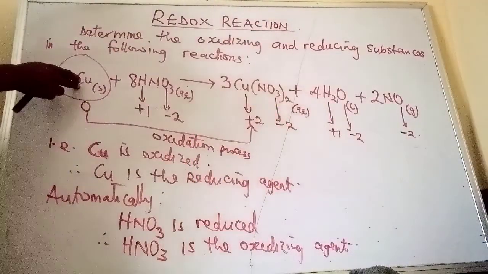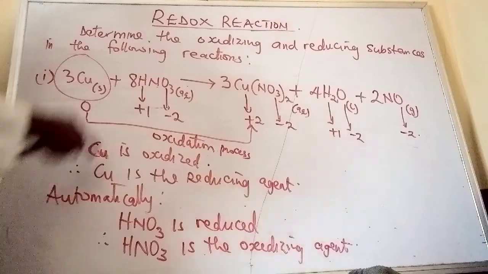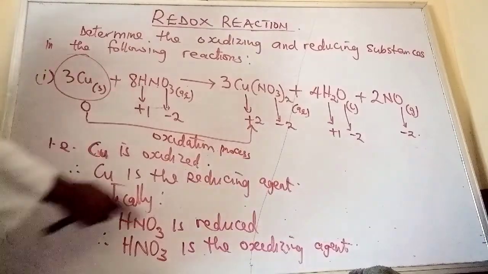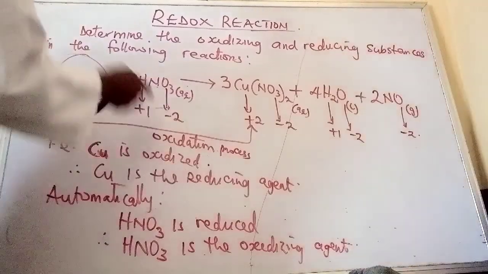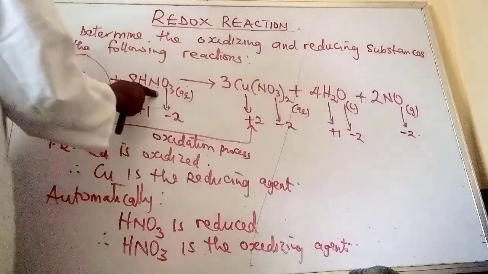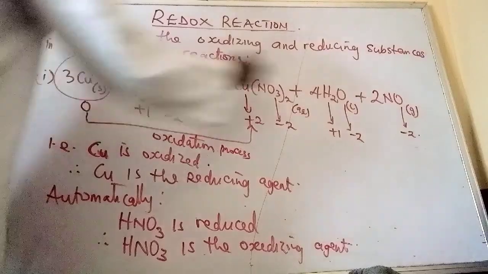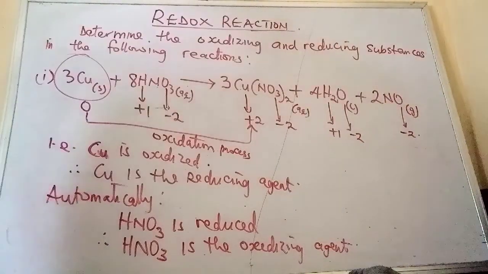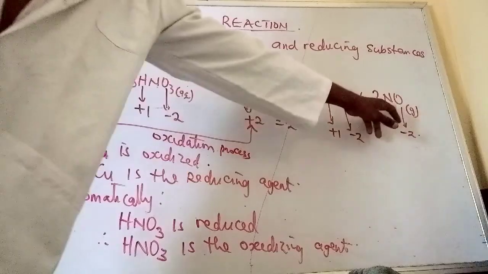So since this one is the reducing agent, definitely this one is the oxidizing agent, which has been reduced. And of course, it's very obvious. HNO3 has been reduced to water and NO, because there is no nitrogen here again. So you can see it has been reduced.